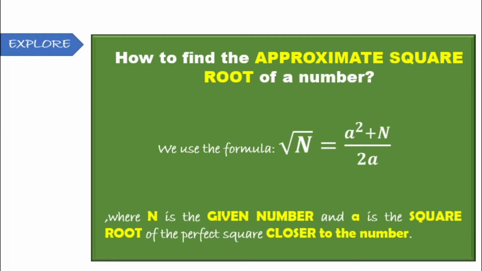Again, n is the given number and a is the square root of the perfect square closer to the number. Example. Let's try the square root of 8.